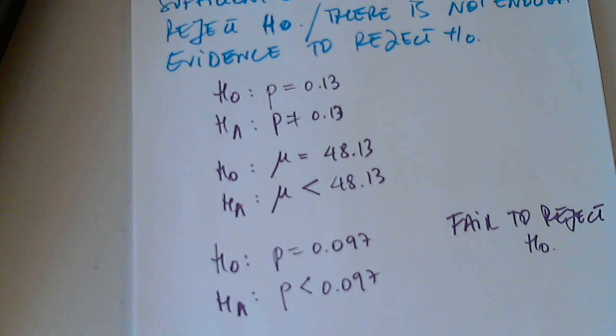Number 13. Identify the two types of incorrect decisions in a hypothesis test. For each incorrect decision, what symbol is used to represent the probability of making the type of error? Okay. So, a type 1 error is rejecting the null hypothesis when it is true.